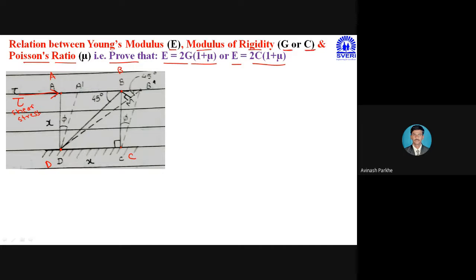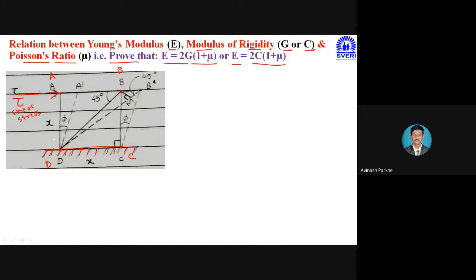In this figure, the bottom side CD is fixed, as the hatching line represents, and the top side is totally free. That means A and B are free at the top side, and C and D are fixed at the bottom side.